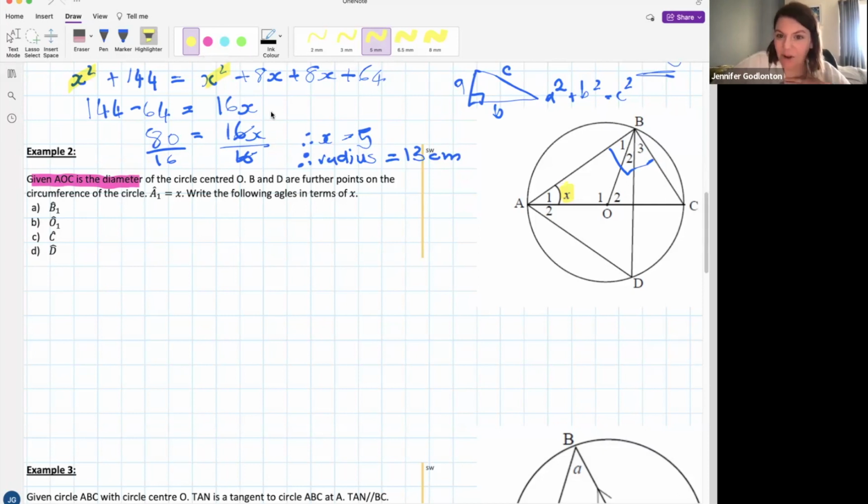Okay, let's see. So we've got OB, love it. OA, love it as well. And OC, beautiful.